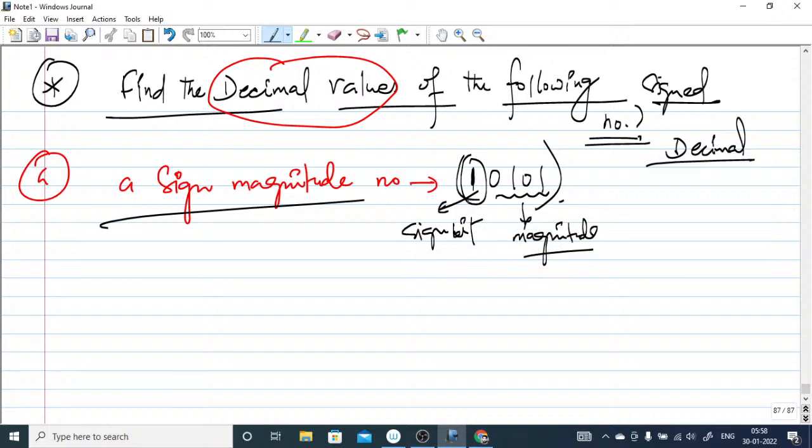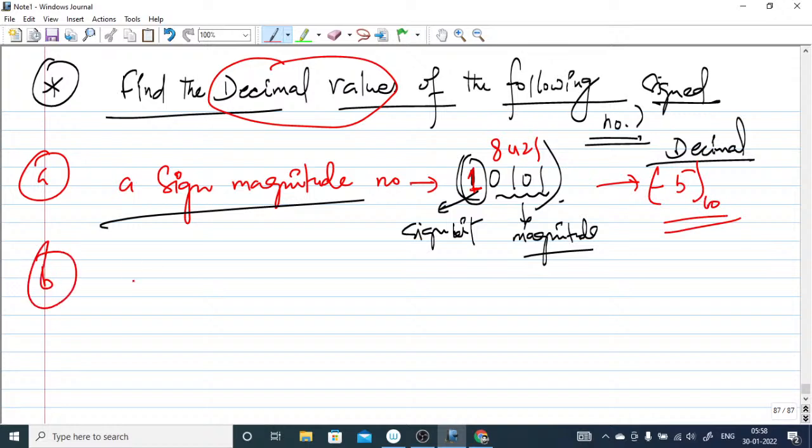The sign is 1, which means minus, and the magnitude with weights 8 4 2 1 is 5, so minus 5. How easy this is, right?